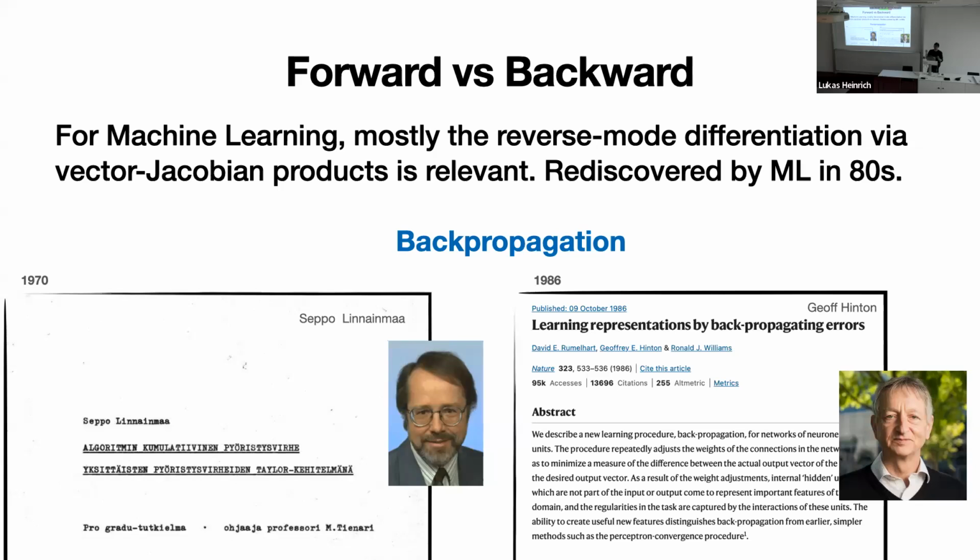In the machine learning literature you'll find this called backpropagation, but it's important to understand that backpropagation is a system of a general setup of automatic or algorithmic differentiation, where you can go forward, you can even do mixed forward and backward differentiation, it doesn't really matter. The mathematical side was developed already in the 60s and 70s.